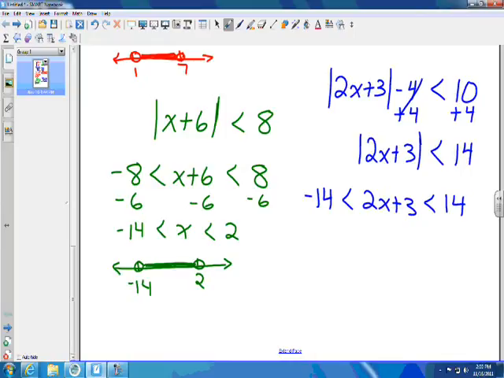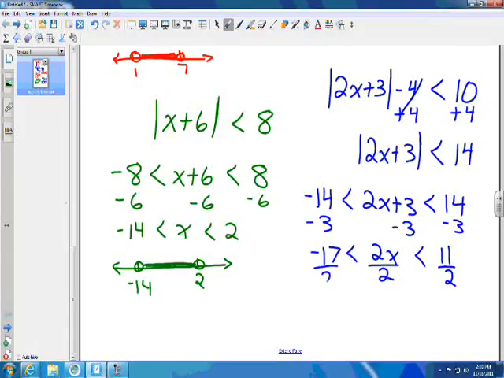So what do we have to do now to solve for the x? Subtract 3 from everywhere. So negative 17 is less than 2x less than 11. Then what? Divide by 2. So we have negative 17 halves less than x less than 11 halves.